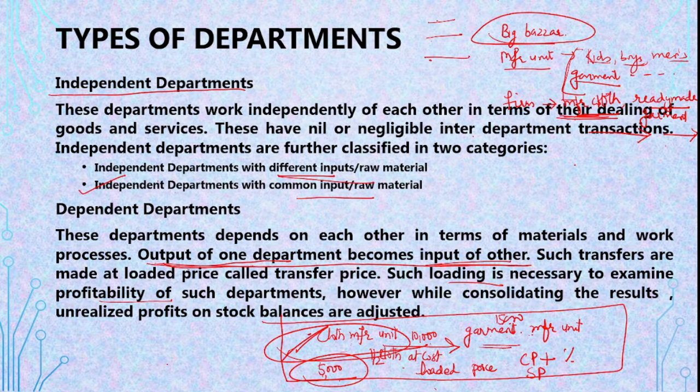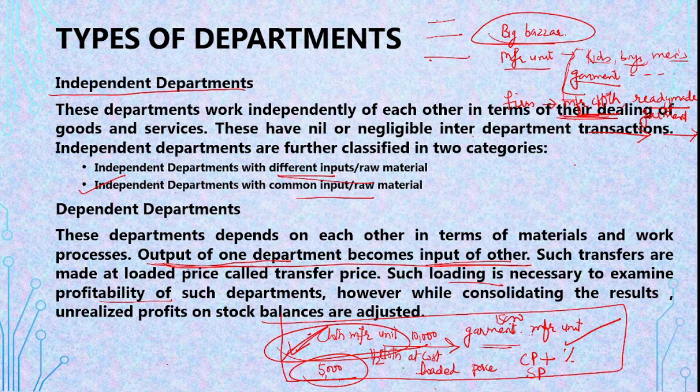It is just lying within the two parts of one business. So this loading is essential to determine the profit of individual departments, but when we combine the results, we need to adjust the loadings or the unrealized profits. That creates a problem of stock reserves or cancellation of stock loadings.